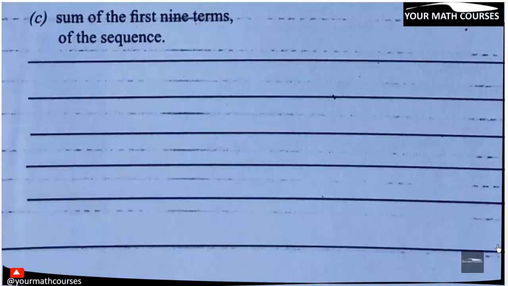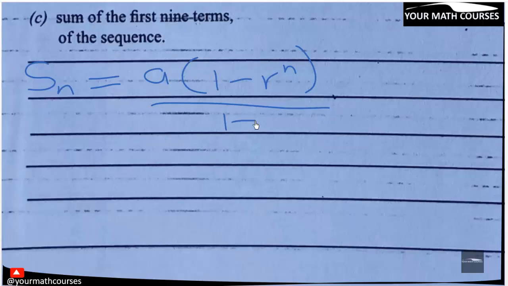Now we need to find the sum of the first 9 terms. Again, recall that the sum of terms of a geometric progression is given by a into bracket 1 minus r exponent n all over 1 minus r. So again, you know a is equal to 1 over 2, r equal to 1 over 2.